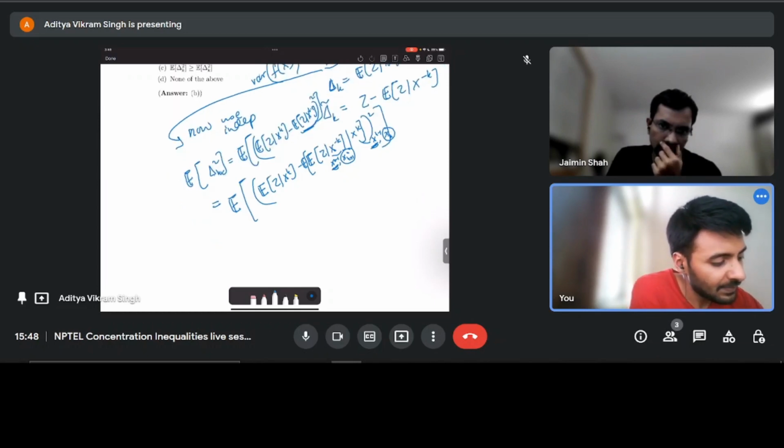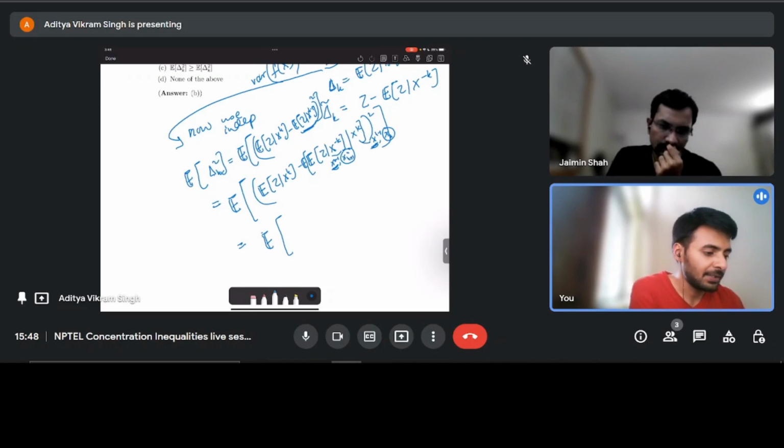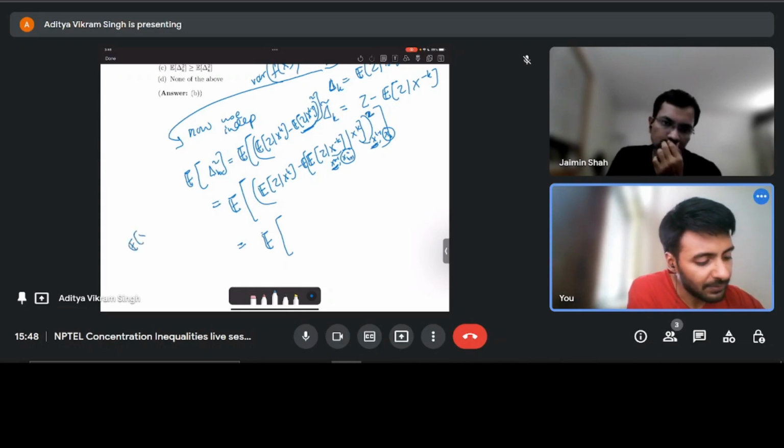Now we use something called Jensen's inequality, which holds for conditional expectation as well, because conditional expectation is also a normal expectation, except that we fix some quantities and then take expectation with respect to the conditional probability. So we can bring this square inside. Basically, the expectation of X, the whole square, is less than or equal to the expectation of X square.